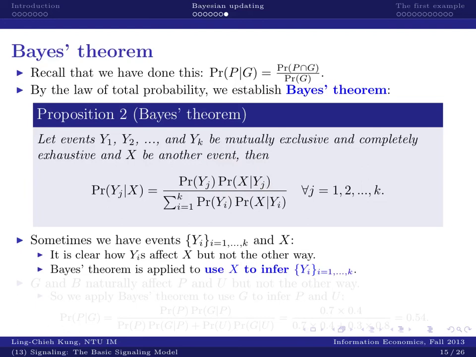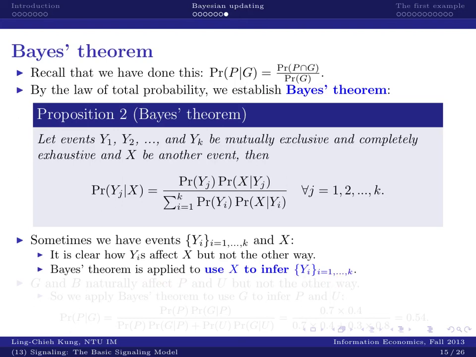Typically, we do this when it's clear how the yi's affect x, how the popularity of the product affects the sales outcome. And Bayes' theorem is doing the other direction. When we see the sales outcome, how do we infer the quality of this product?